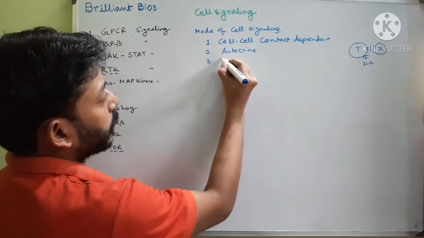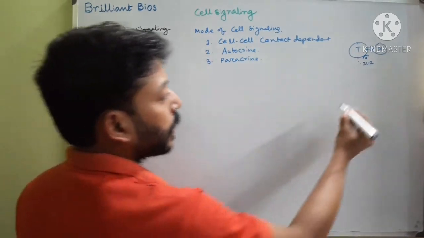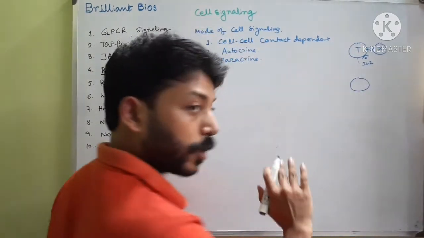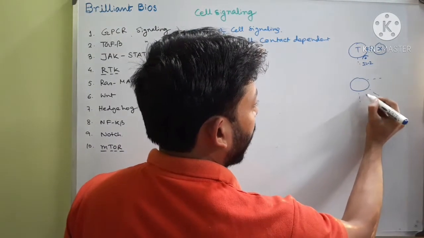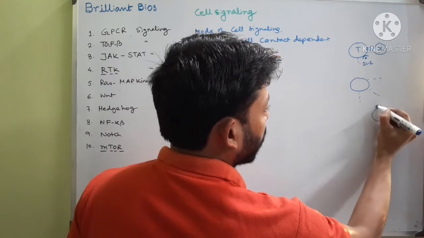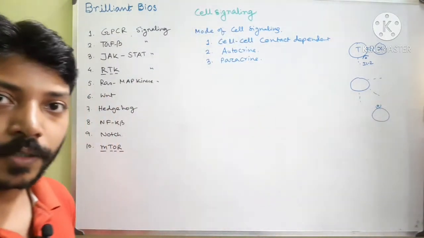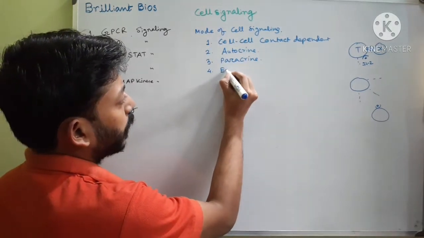The third, we can write here, is paracrine. That means a cell that is not contact dependent but can secrete some ligand molecules, which can be received by another cell at a distance. This is called paracrine.